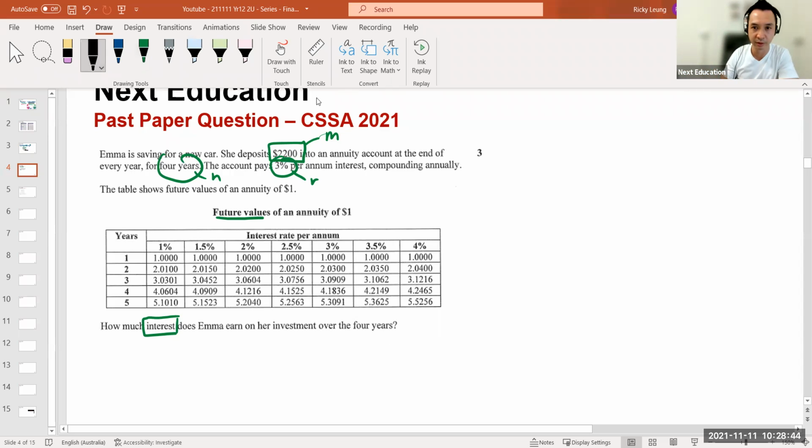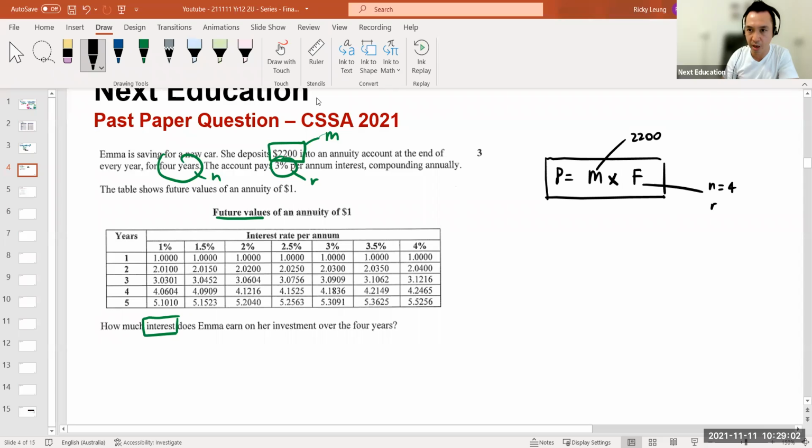So I'll show you what I mean. Guys, let's use the formula. It's 3 marks. Watch how easy this is. So in this formula, what's been given? I know my annual amount is 2,200. I know to find the F, I need 2 variables. N is 4, R is 3%.